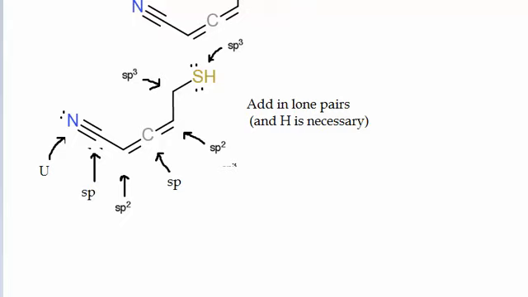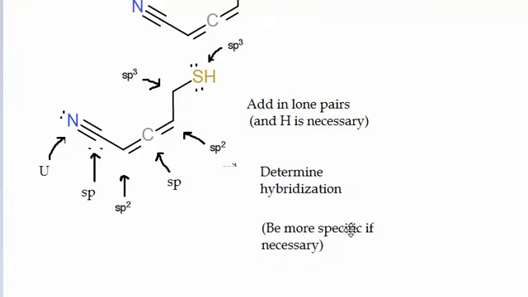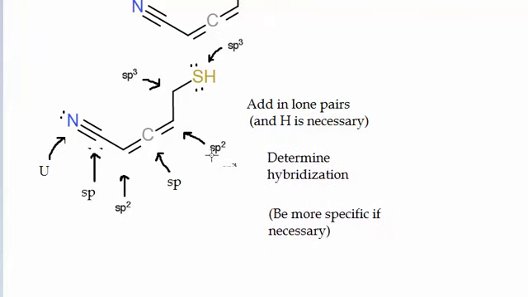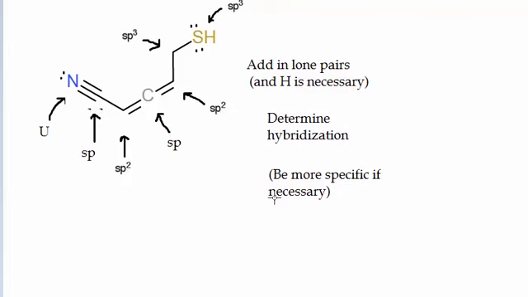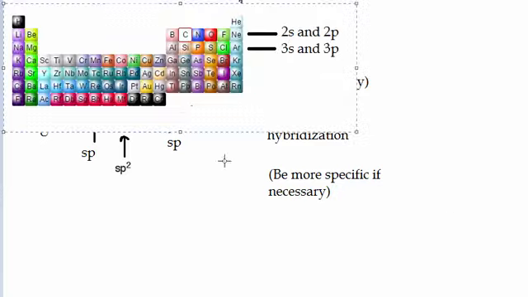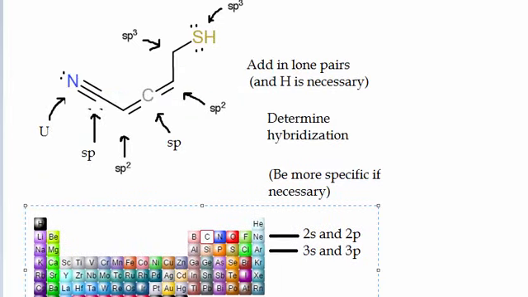Okay, so there's multiple things that are notable here. We determined the hybridization, but sometimes people want you to be even more specific. So we know that these are the hybridizations, but if you look at the periodic table, you'll notice that things are slightly different depending on where you are.